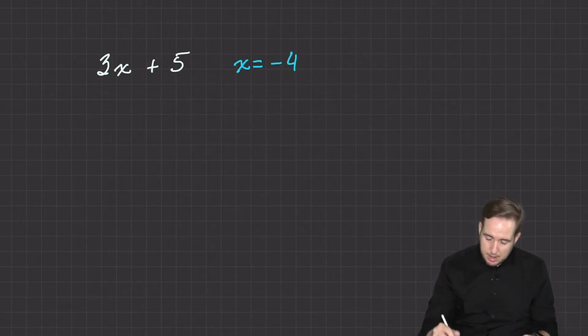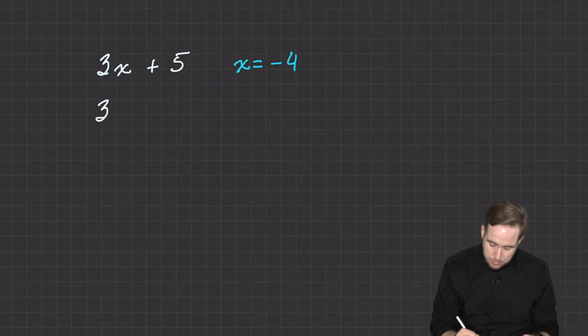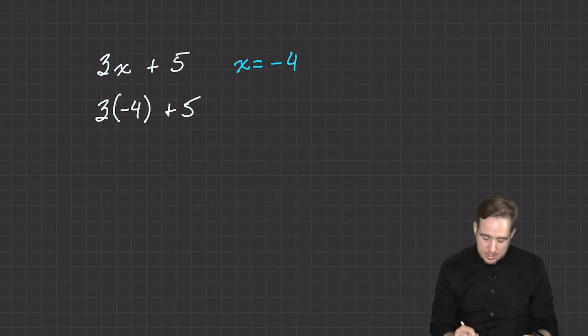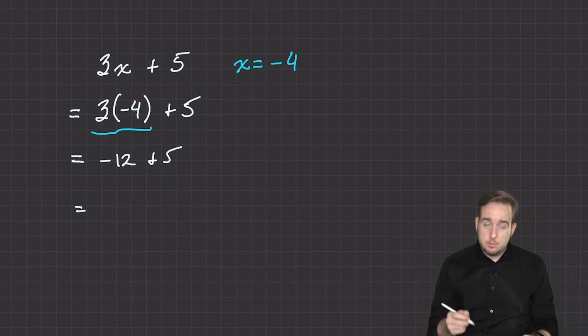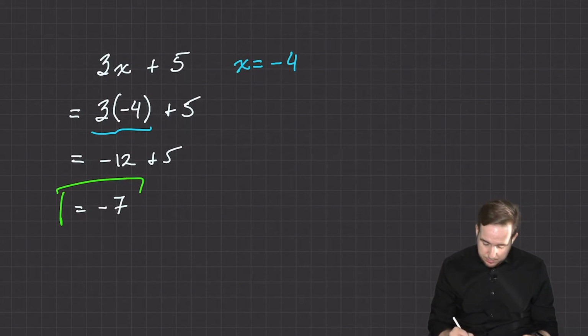Now, when I did it my way, this works perfectly. 3, hold a place for it, plus 5, come back and put minus 4. So that is 3 times minus 4 plus 5. I'm still doing BEDMAS. Multiplication comes before addition, so 3 times minus 4 is minus 12, and minus 12 plus 5 is minus 7. And I can put a box around my answer.